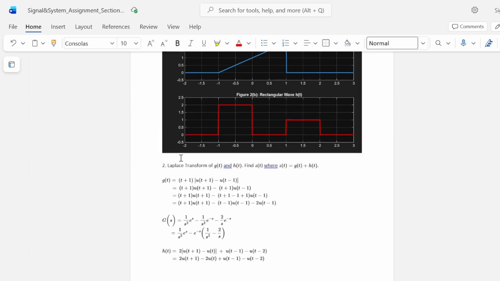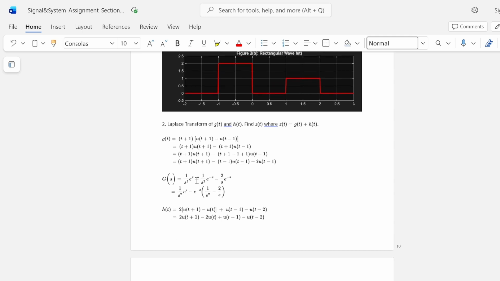Secondly, we do the Laplace transform of g(t) and h(t). Actually, we just need to find z(t), which is the addition of these two signals, but by using the Laplace transform, it's easier for us to perform the addition between the 2 signals.